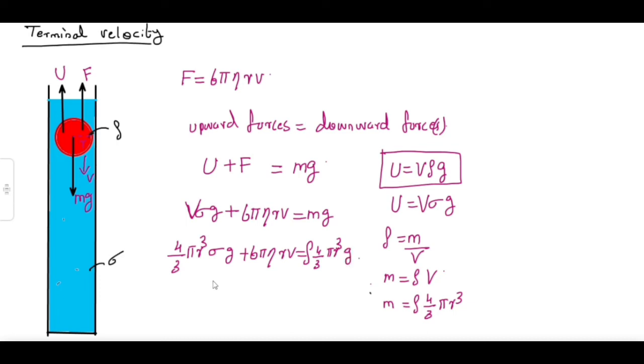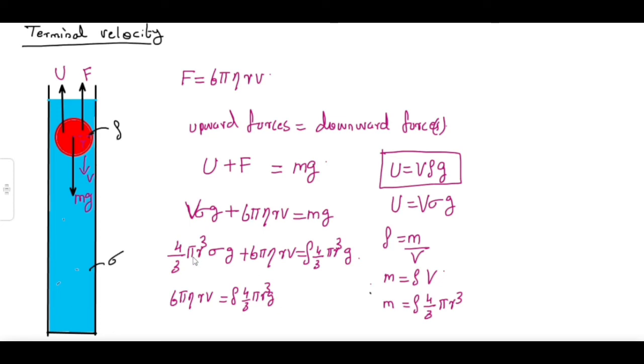Now we have to calculate the velocity with which the body is falling. Let me write this equation as 6 pi eta Rv is equal to rho 4 by 3 pi R cube g.